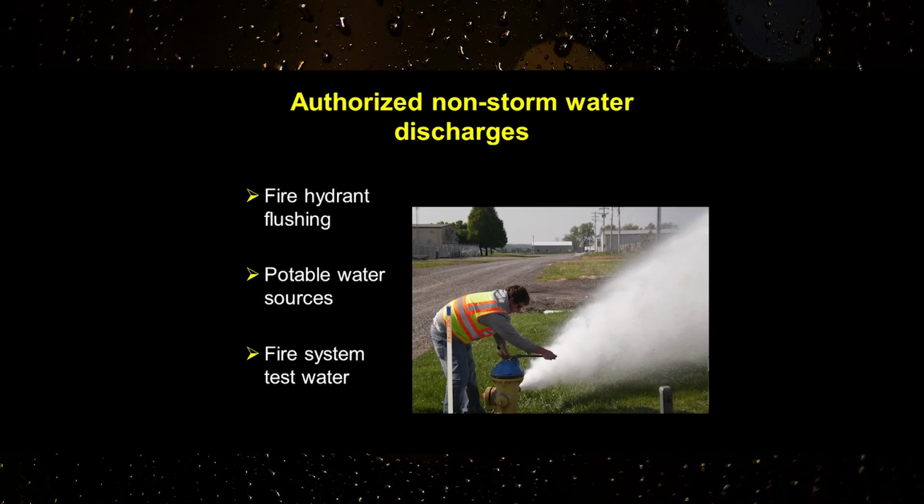Some non-stormwater discharges may be authorized by the stormwater permit, provided pollution prevention controls are identified in the Stormwater Pollution Prevention Plan.